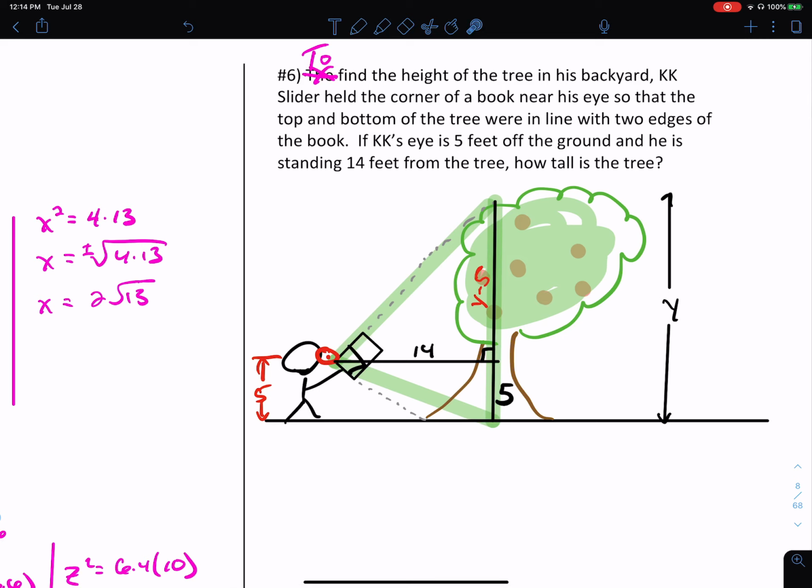So that leads us to 14 is the geometric mean of each of these partials of this original hypotenuse. So 14 squared is the product of y minus 5 and 5.